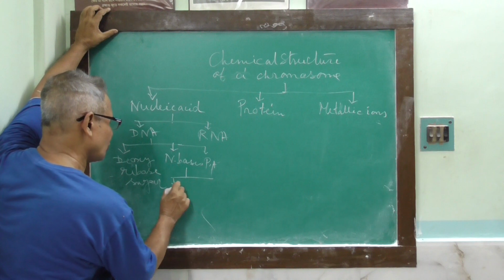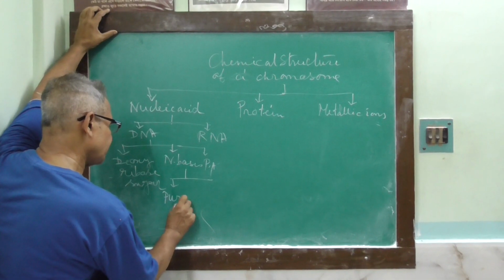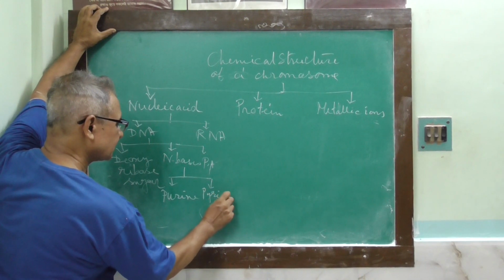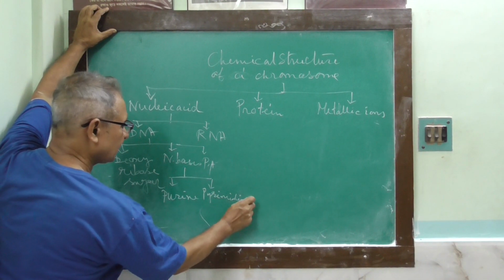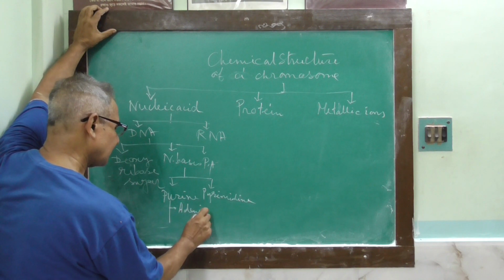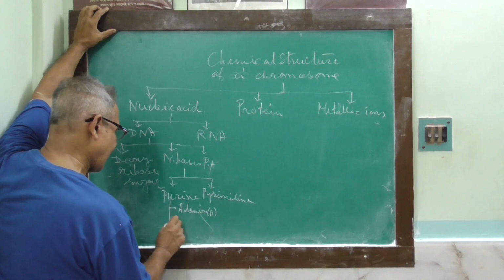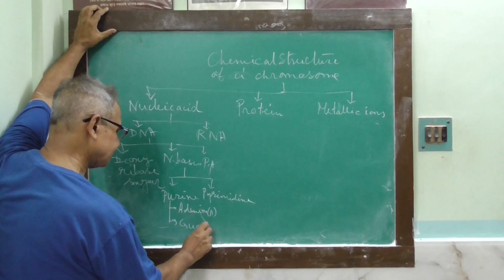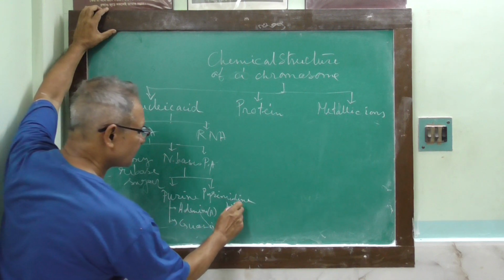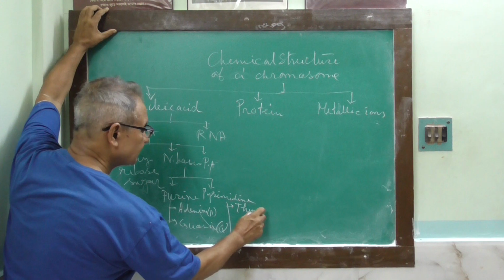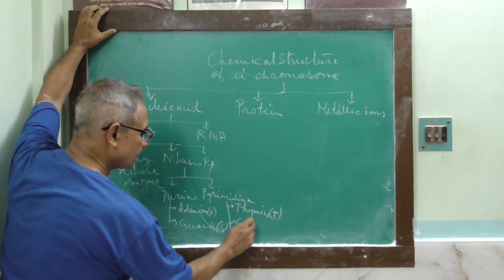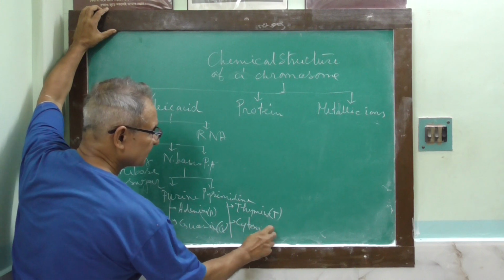Nitrogen bases are two types, purine and pyrimidine. Purine two types, adenine A and guanine G. Pyrimidine two types, thymine T and cytosine C.